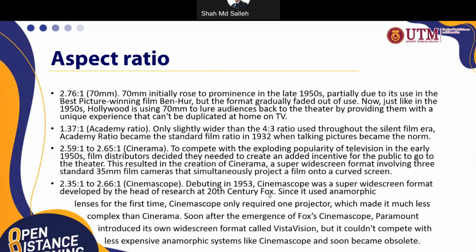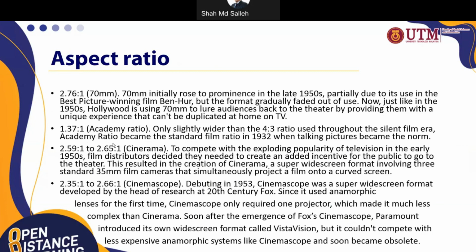For example, 70 mm films in the 1950s, partly due to the use of the best picture winning film Ben-Hur, but the format gradually faded out of use. Nowadays we don't use 70 mm. Nowadays we use digital, no more film.